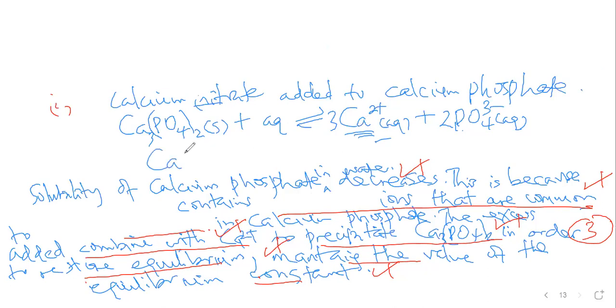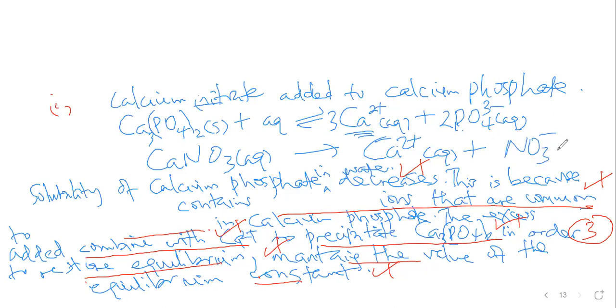So calcium nitrate, being a strong electrolyte, will completely ionize in the solution to form calcium ions and nitrate ions. These are two nitrate ions.